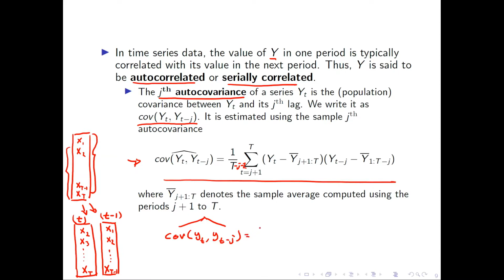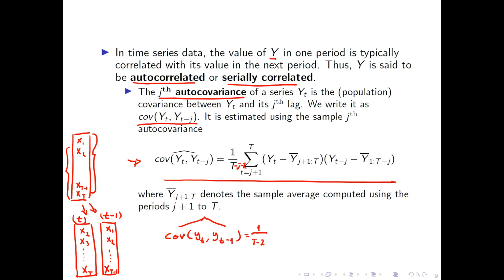And this is equal to 1 divided by t minus, let's say that j equals 1, right? So this is our example. So this would be 1 divided by t minus 2.